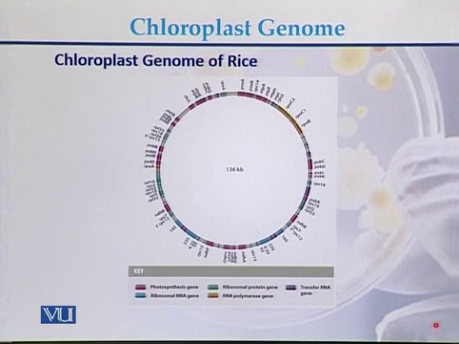So there are different types of genes present on the chloroplast genome of rice. Those genes produce the polypeptides for photosynthesis, for ribosomal proteins, for transfer RNA, for ribosomal RNA, as well as for RNA polymerase.